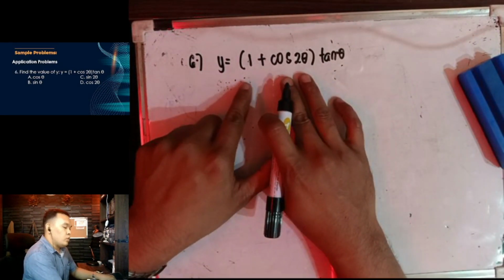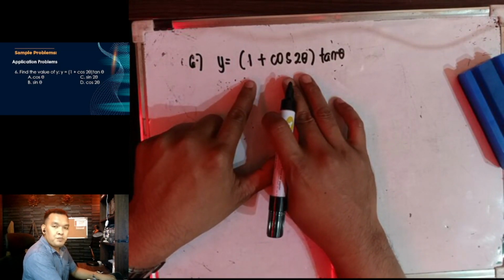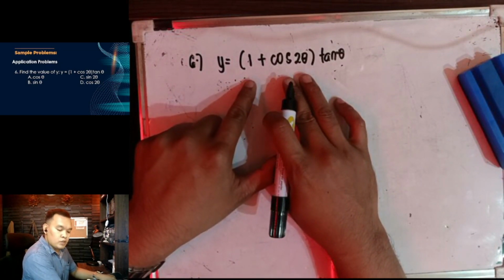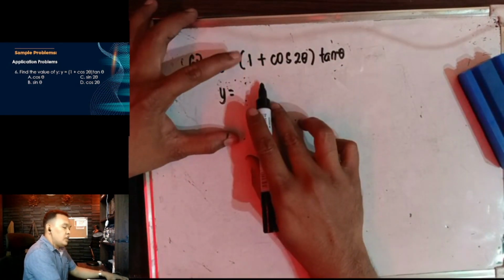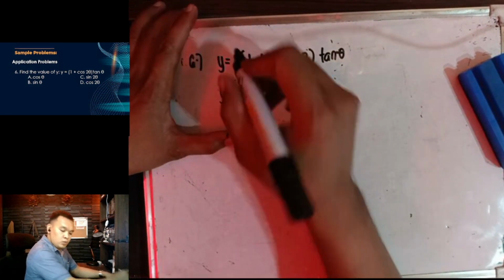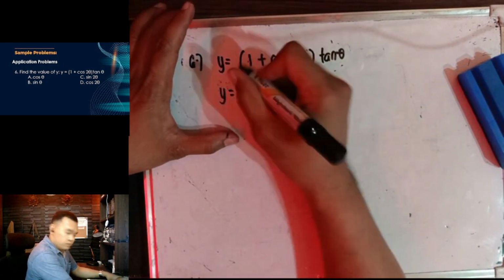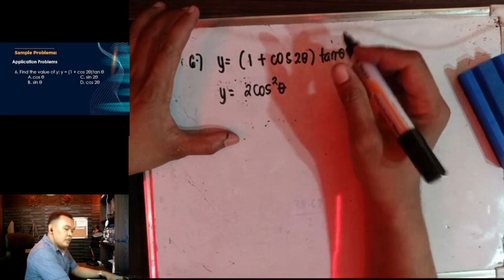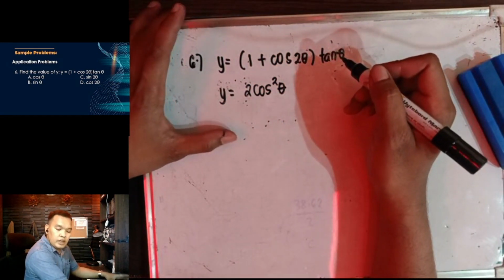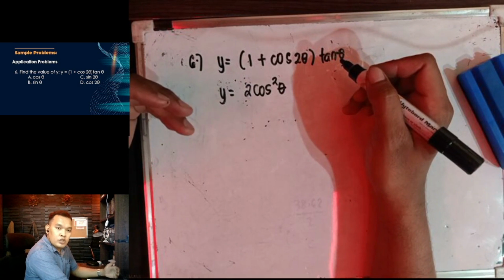And we all know that 1 plus cosine 2 theta is may identities to, no? Na kung saan equivalent siya sa 2 cosine squared theta. Then tangent theta is equivalent yan kay sine over cosine, no?